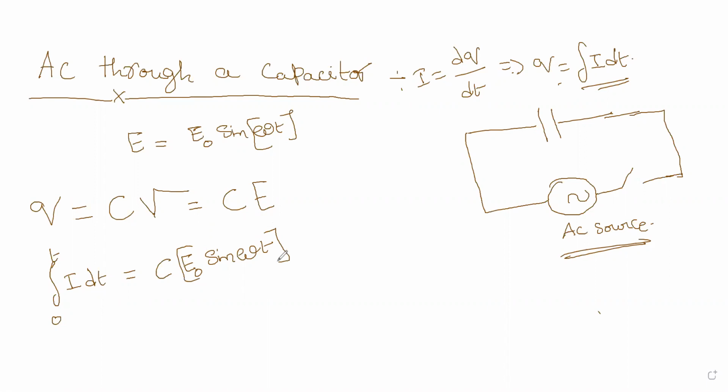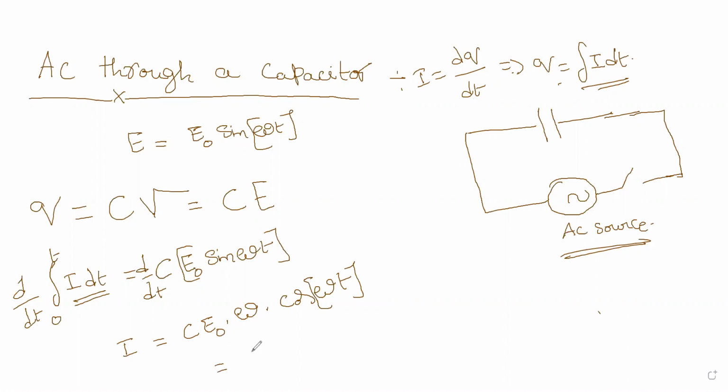Now we take the derivative on either side with respect to t, so that the integral simply cancels out. So I = C E0 times the derivative of sin(ωt), which is ω cos(ωt). E0, let us keep it aside.